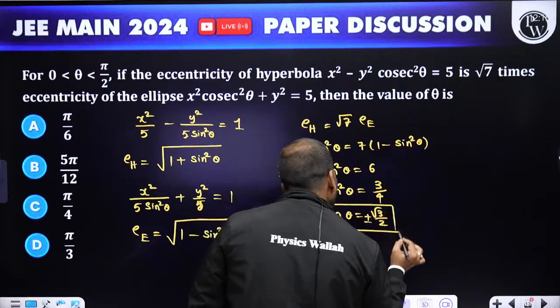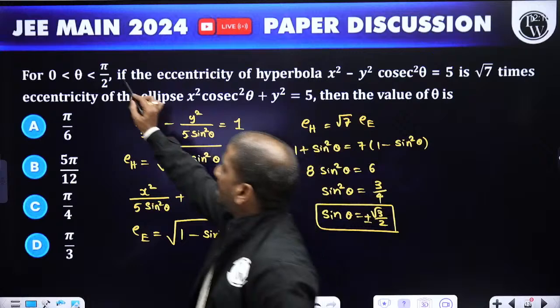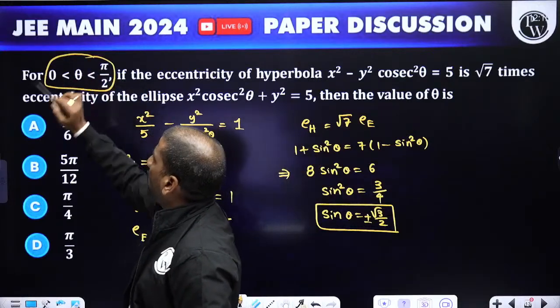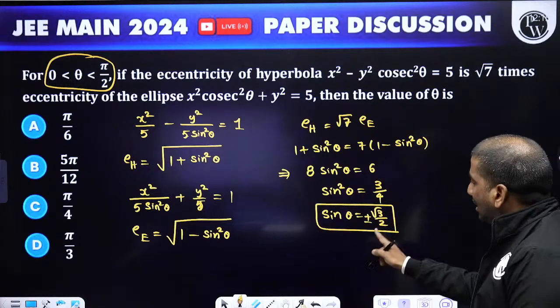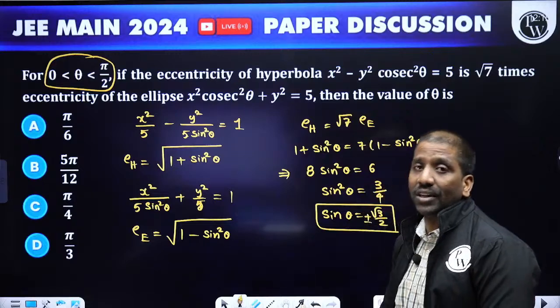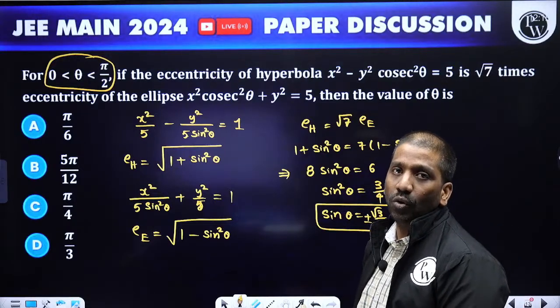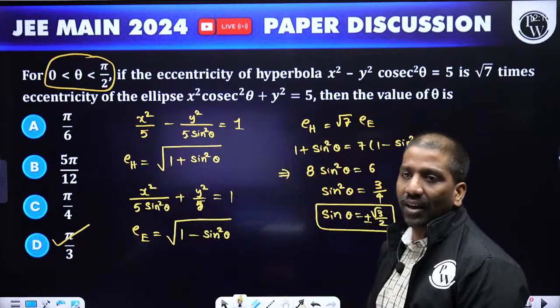How simple it is. Look here, two values, but they said find theta in 0 to pi by 2. So we need only the positive value. So sin theta is equal to root 3 by 2 and theta lies in 0 to 90 degrees, so first quadrant value. What is that? 60 degrees. So pi by 3 is the right answer. Very simple question, right?